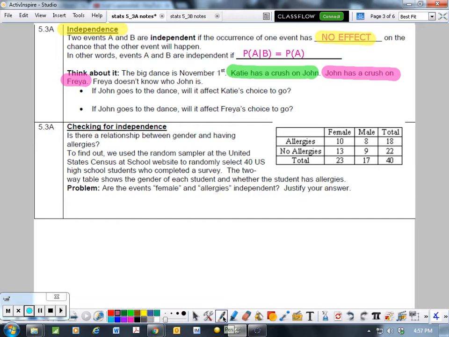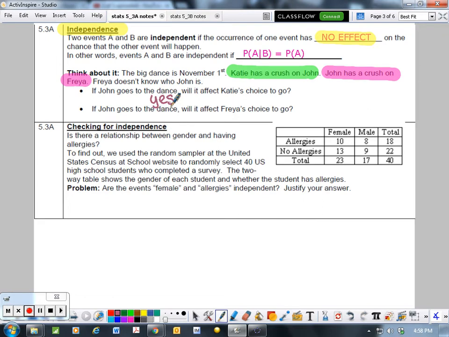So if John goes to the dance, will it affect Katie's choice to go? Probably. Since Katie has a crush on John, she's going to try and take this opportunity to go to the dance, hang out with him, try and catch his attention, and hopefully see where things go from there. So this is yes. John going to the dance will affect Katie's choice to go.